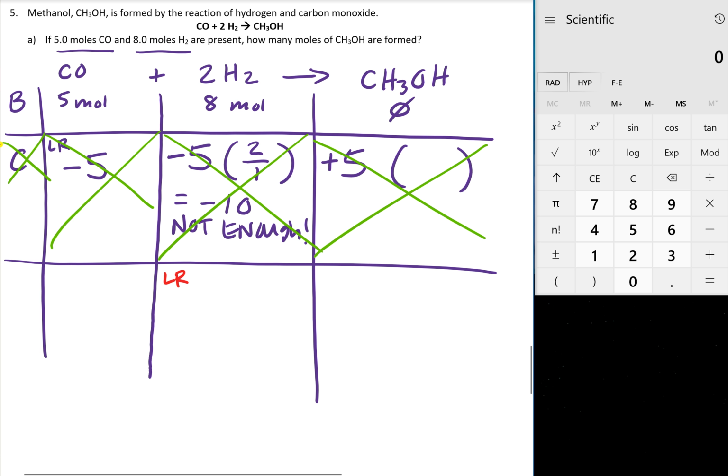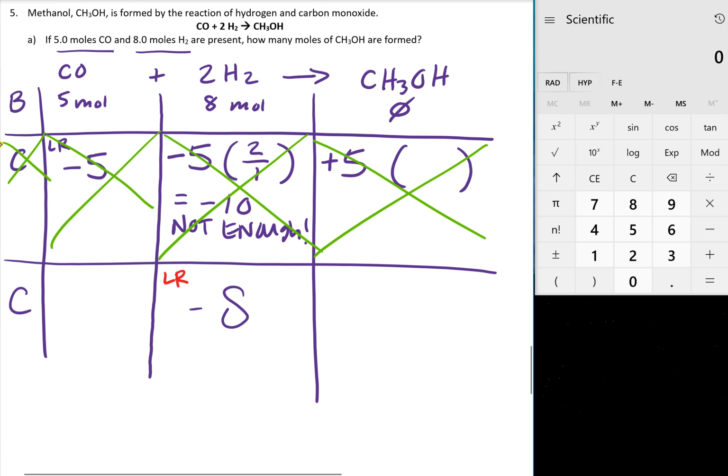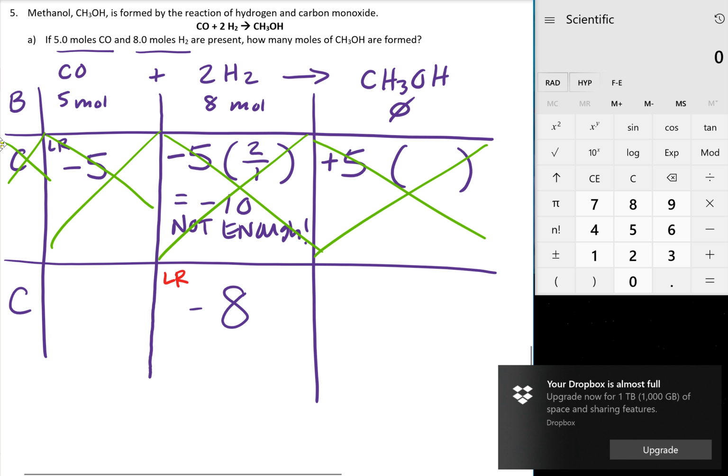So we have a new change row. Now hydrogen is going to be assigned the LR. And if it's the LR, we're going to subtract all of its starting quantity. So minus 8 for the hydrogen. So if hydrogen is limiting, we're going to copy its value to all the other columns.